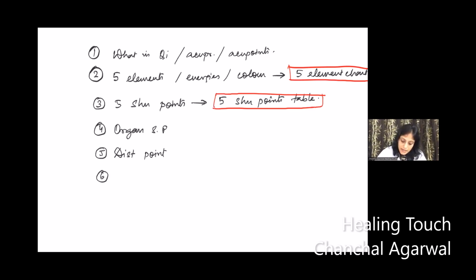Number 6 is influential point. Number 7, Xi-Cleft point. Number 8, Luo Connecting point. Number 9, alarm point.